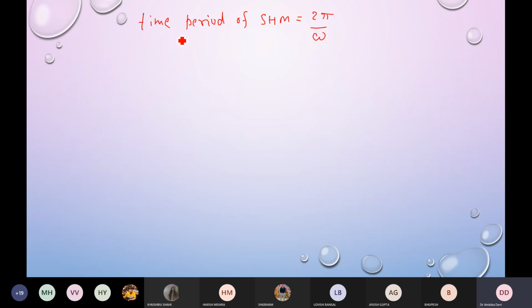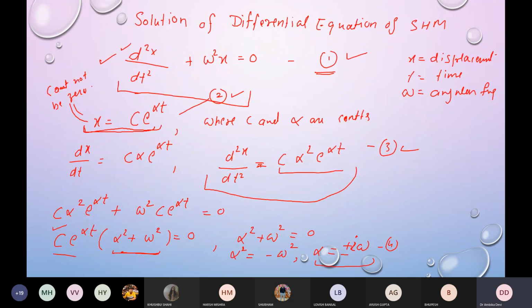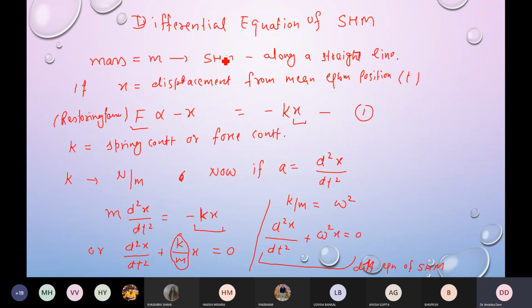We also know that omega square is equal to what? K upon m. This we have talked about. If you remember, while going through the differential equation of simple harmonic motion, we had done a substitution: K by m is equal to omega square, right?